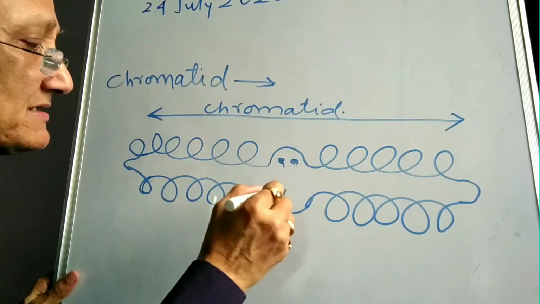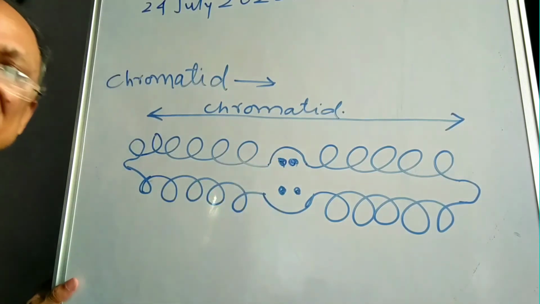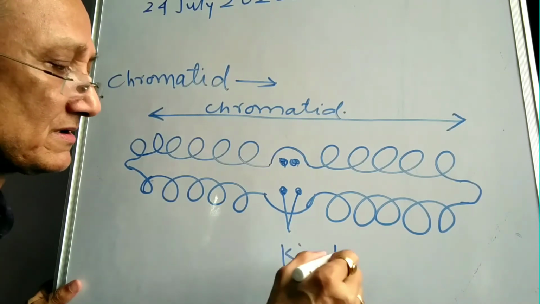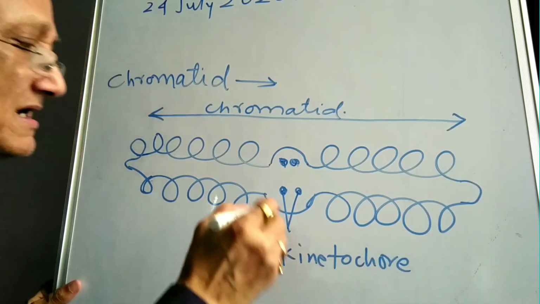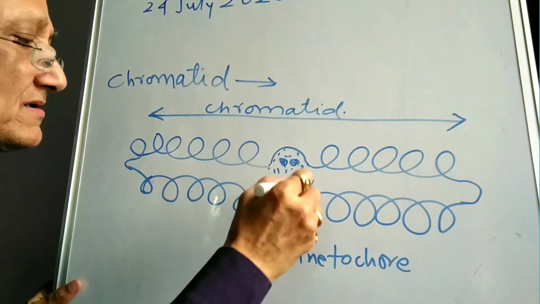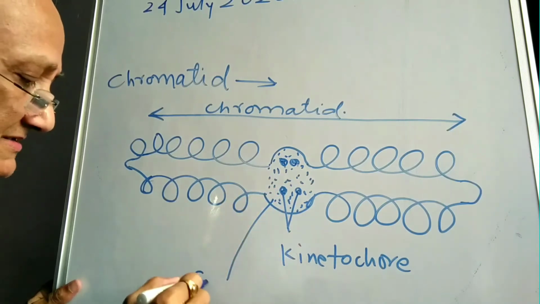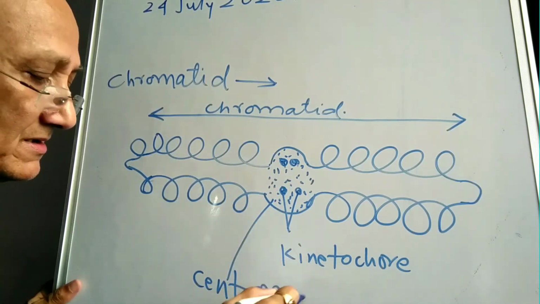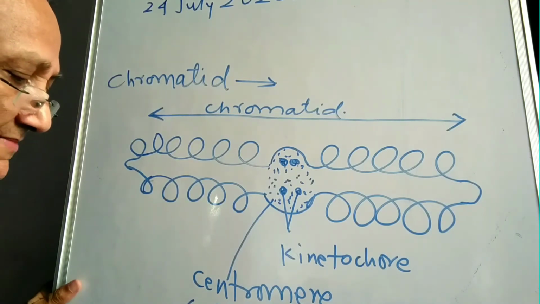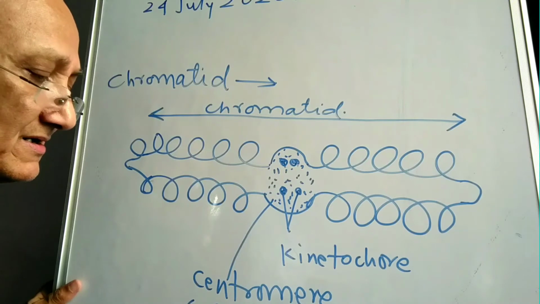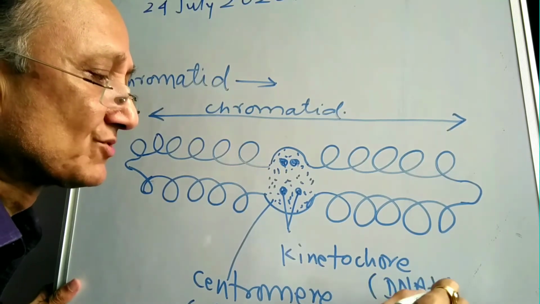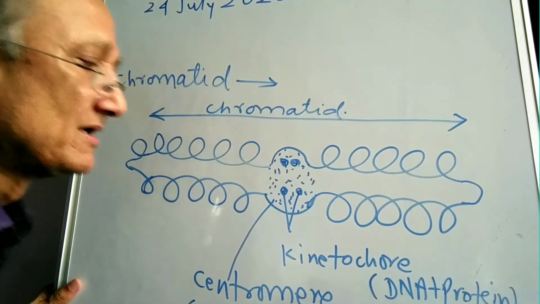So this is another half of the centromere, kinetochore, and dotted centromere. Centromere consists of RNA plus protein, and kinetochore consists of DNA plus protein, as you have listened.